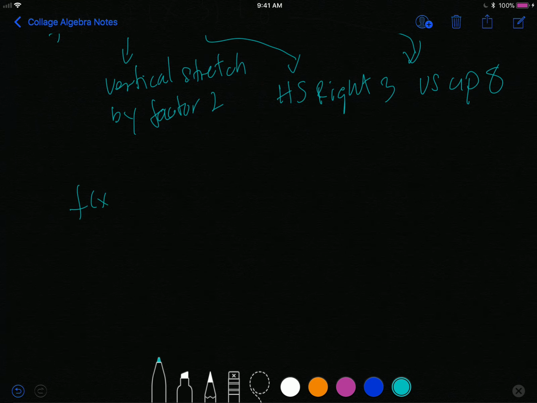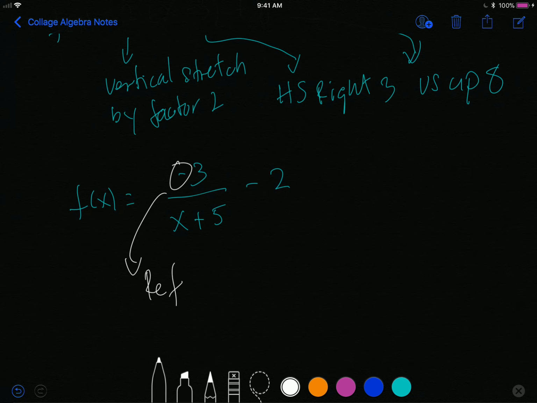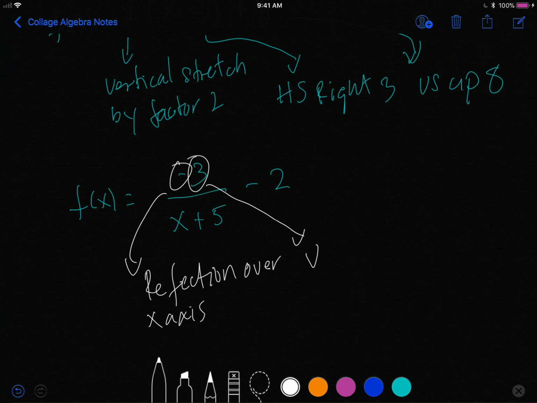If I have f of x equals negative 3 over x plus 5 minus 2. The minus sign is a reflection over the x-axis. It's graph upside down. The 3 is a vertical stretch by factor 3.